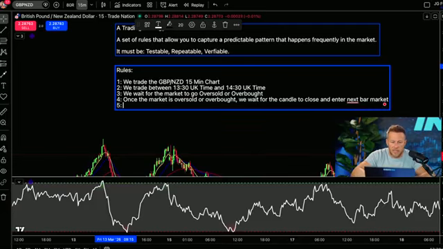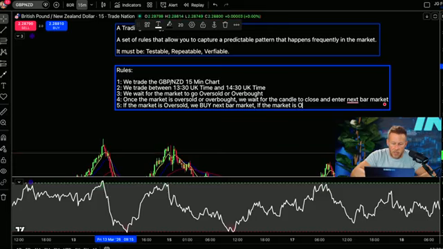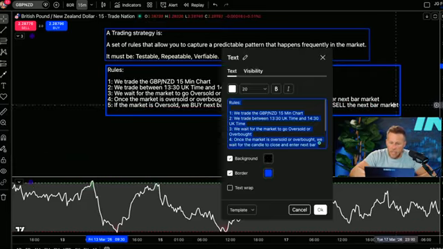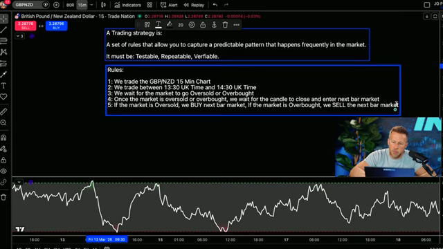So number 5 is if the market is oversold, we buy next bar market. If the market is overbought, we sell the next bar market. Okay, this is how objective your rules need to be.